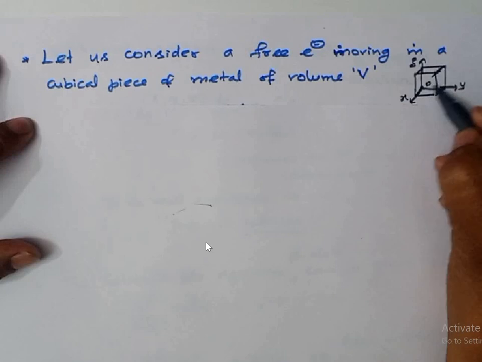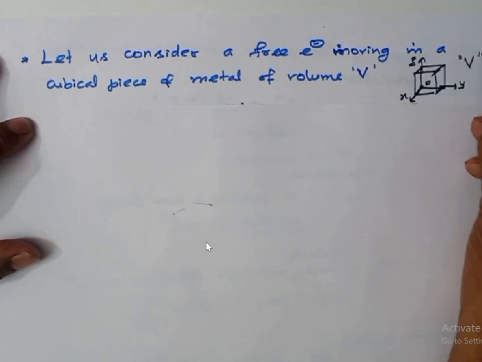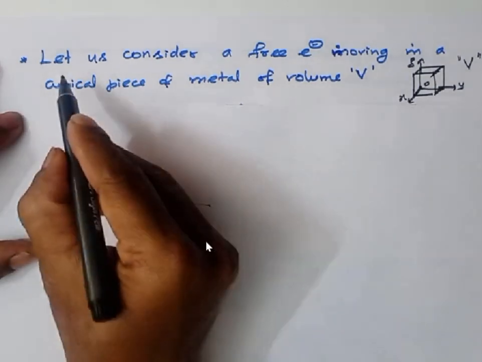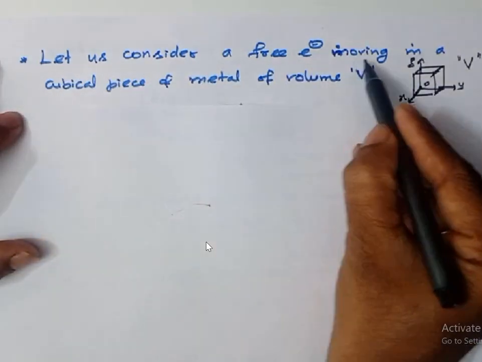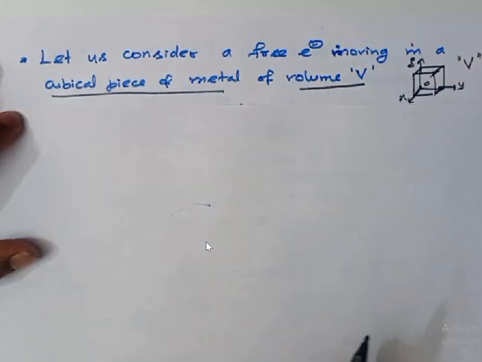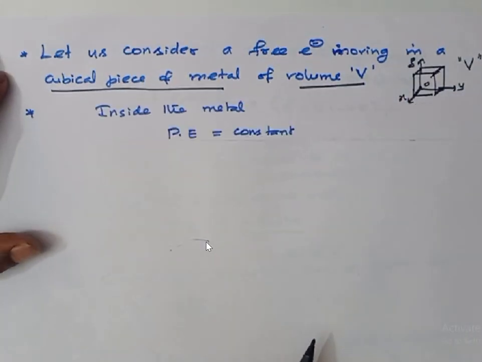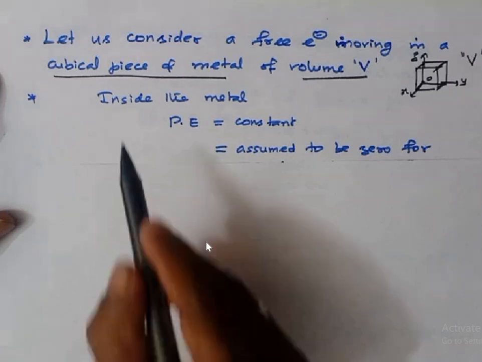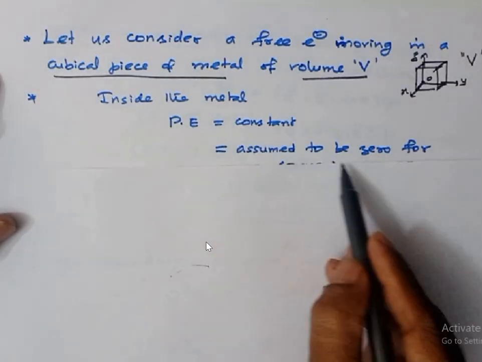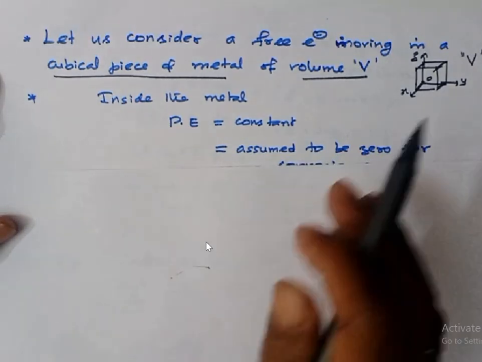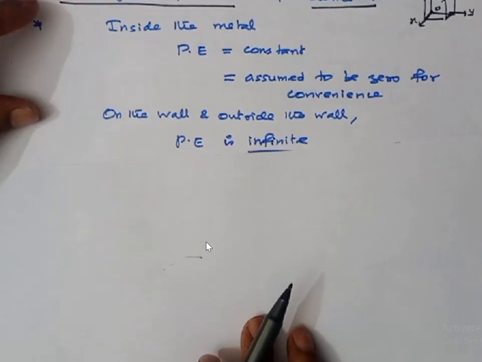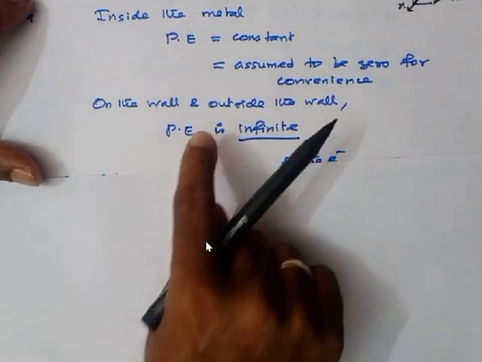Let the volume of this metal piece be V. So let us consider a free electron moving in a cubical piece of metal of volume V. And you know very well, inside the metal potential energy is constant, or we can assume it as 0 for our convenience. I told you this point already. And on the wall and outside the wall, potential energy is infinite.